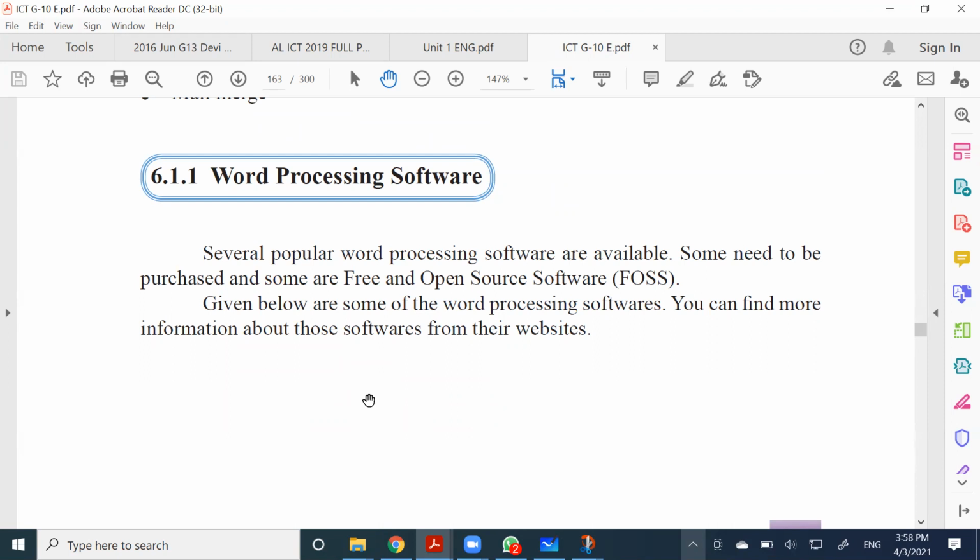Microsoft Word is a licensed software which we have to pay for, right? And there are programs which have been created and allowed for people to use freely, which we call free and open source software, right? And it is a very kind and very valuable service given by the people who develop free and open source software, right?